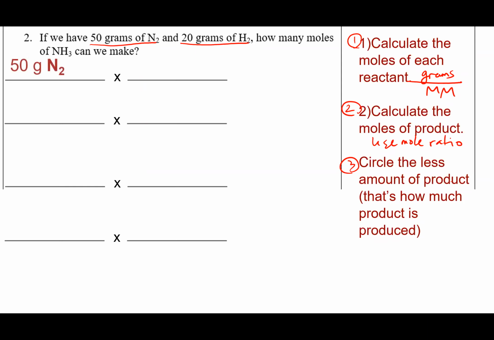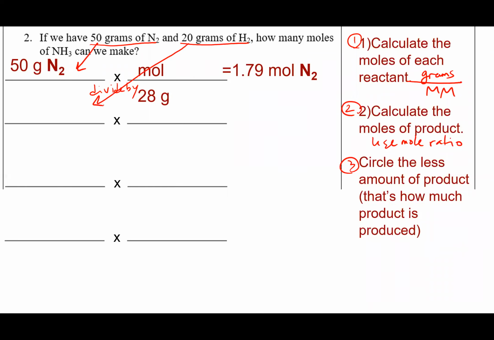So we have 50 grams of N2 and we want to know how many moles that is. So we're going to divide by 28. 28 is the molar mass of N2, right? And I get 1.79 moles of N2.